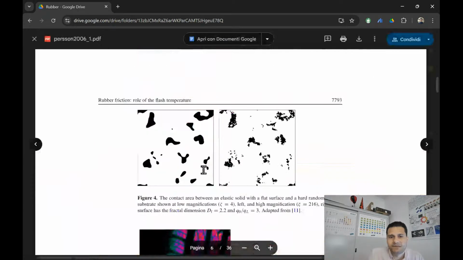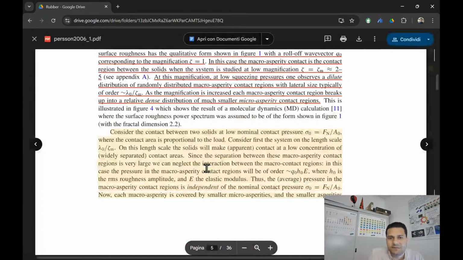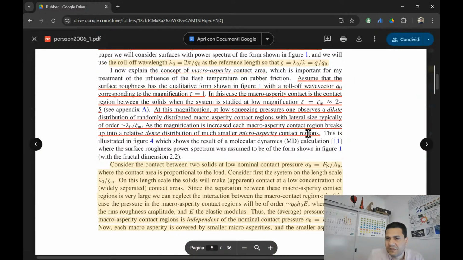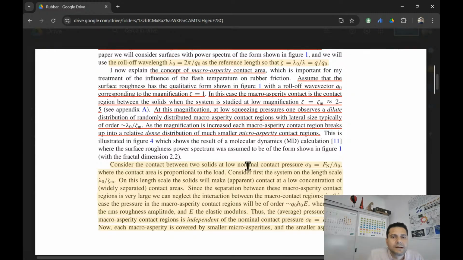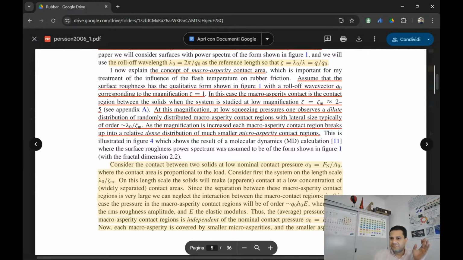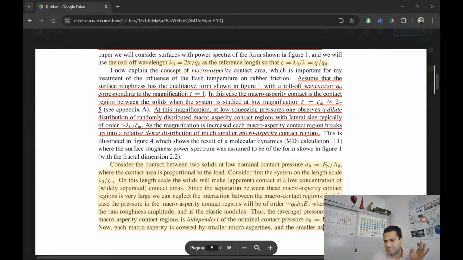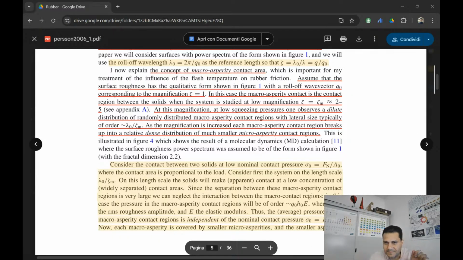So let's go to this part here. Thus, the average pressure in the microasperity contact regions is independent of the nominal contact pressure sigma 0, which is Fn divided by A0.